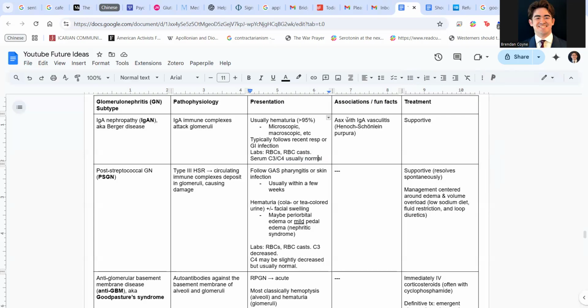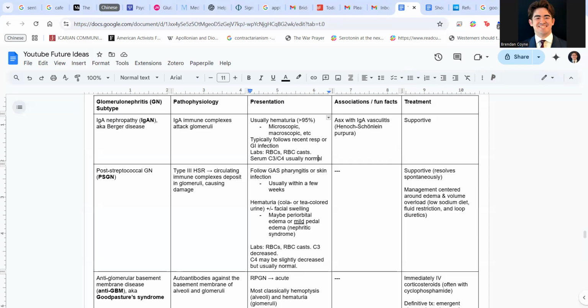Some associations: you might see IgAN with IgA vasculitis or Henoch-Schönlein purpura. If you can recall, the classic triad for IgA vasculitis is abdominal pain, arthralgias, and palpable purpura on the legs or buttocks.